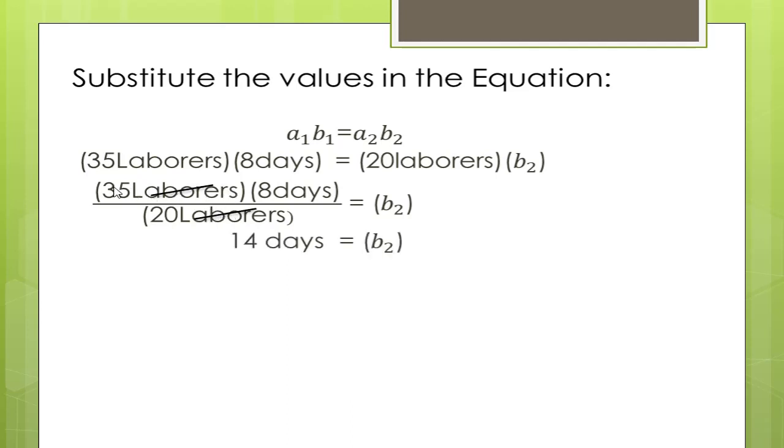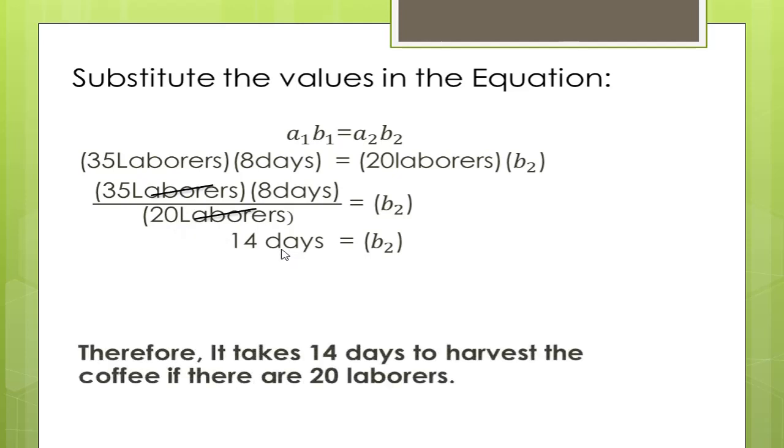If you multiply 35 by 8 and divide the product by 20, you get 14 days. So therefore, it takes 14 days to harvest the coffee if there are 20 laborers. So as you can see, there is really an inverse proportion in it.